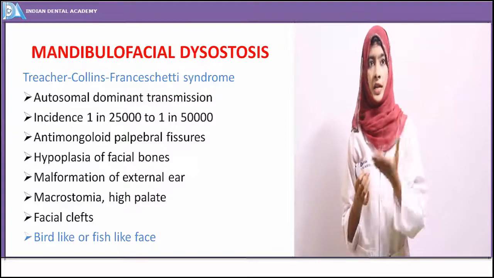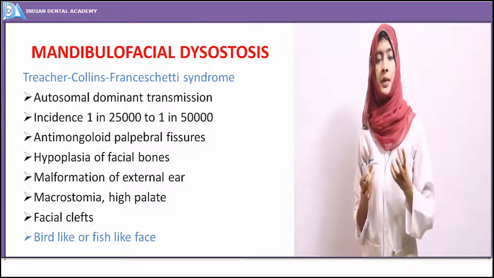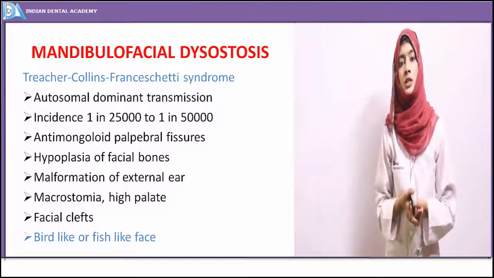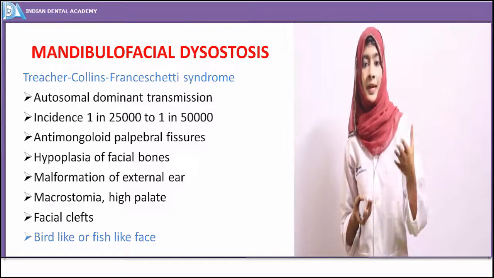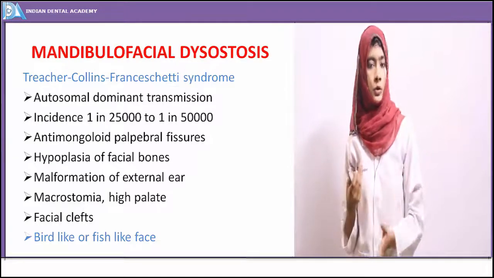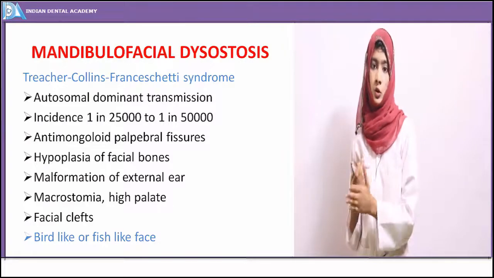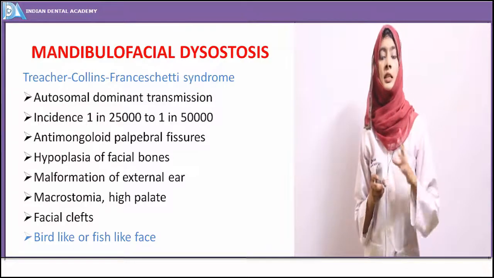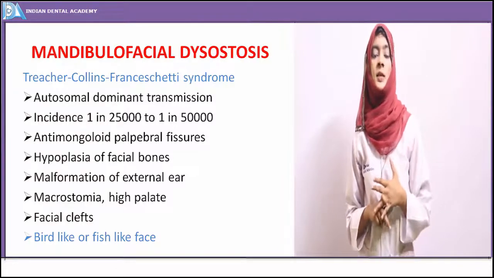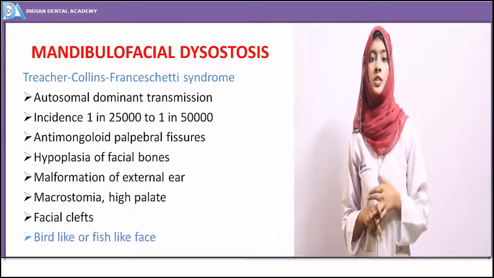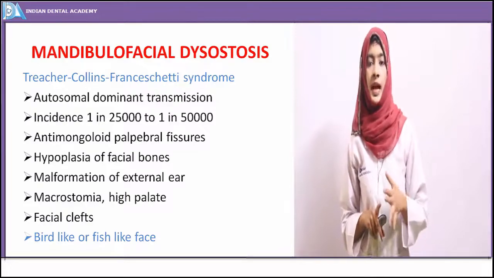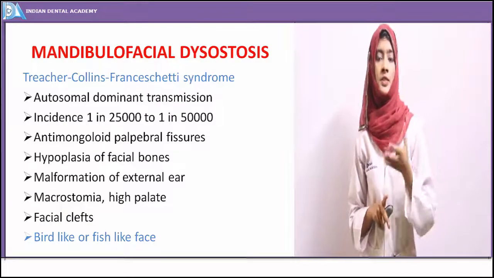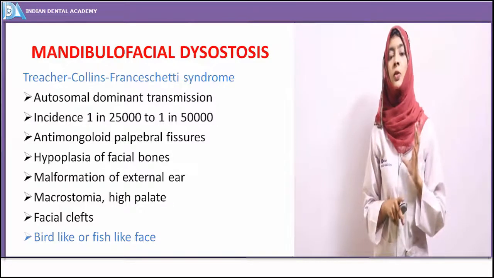During embryologic development, the ears are low set initially and then move back to their original place as the fetus grows. But here the ears will be low set and the auditory ossicles will be absent. The complete external ear will be absent, or if present it will be malformed.